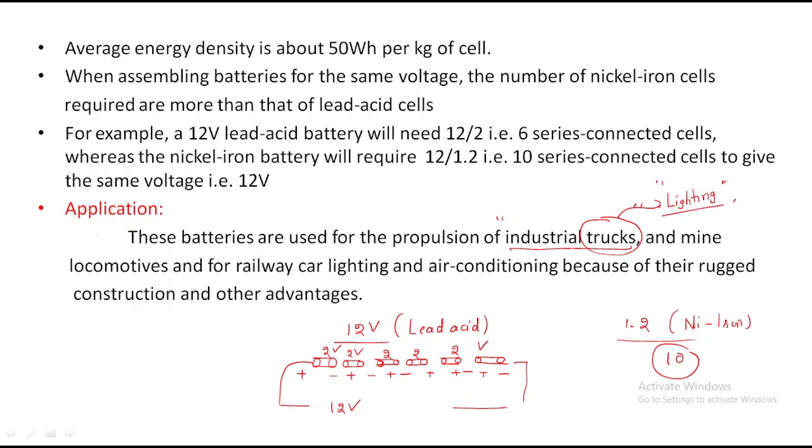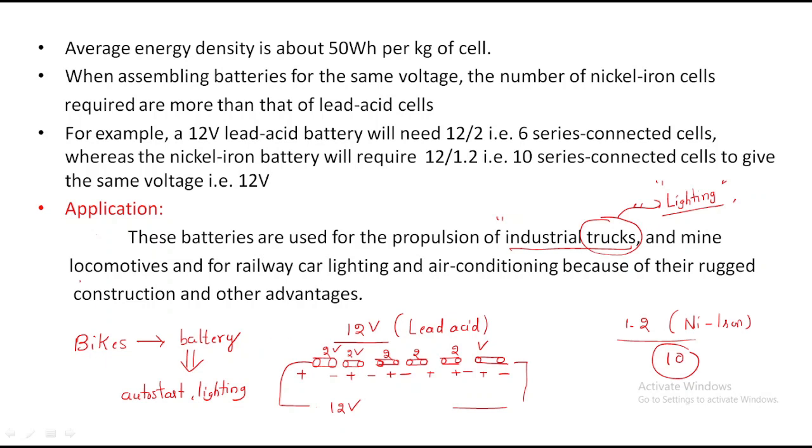Not only trucks, but also bikes: for auto starting the bike without kick, we require the battery. The battery is required for auto start and lighting, otherwise it's not possible.